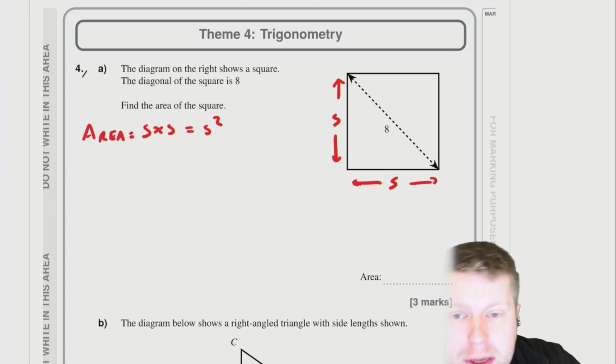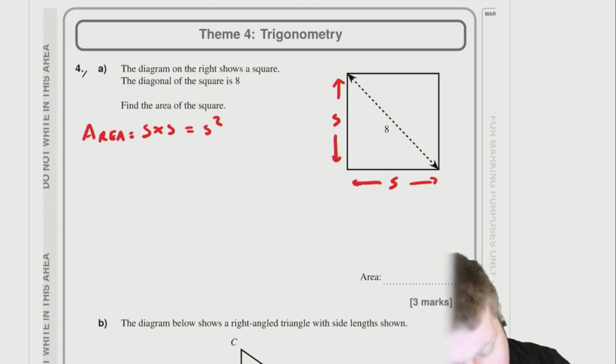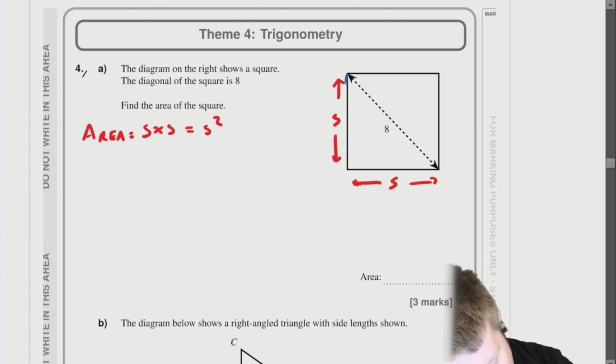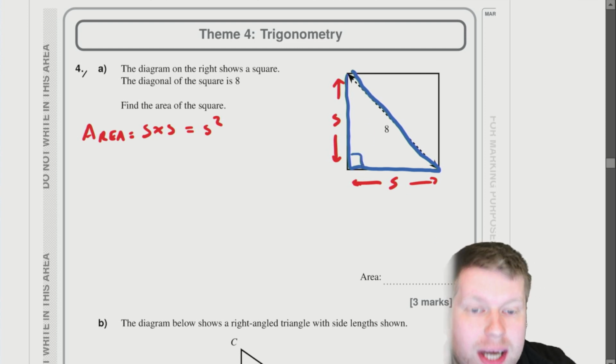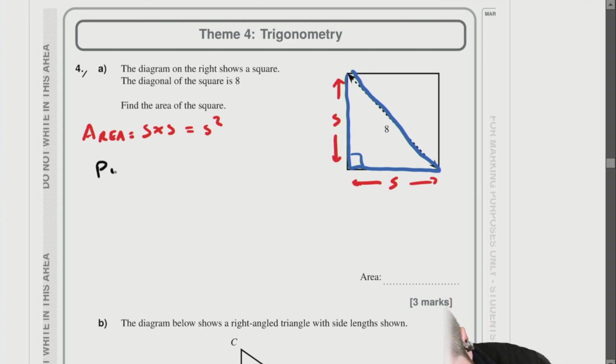Now I've been told information: the diagonal of this square is 8. Hopefully if you've annotated the diagram like this, you would realise that this is just a right angle triangle. This longest side is 8 and the 2 remaining sides are exactly the same length. So because I'm working with the lengths of my right angle triangle, hopefully you just applied Pythagoras.